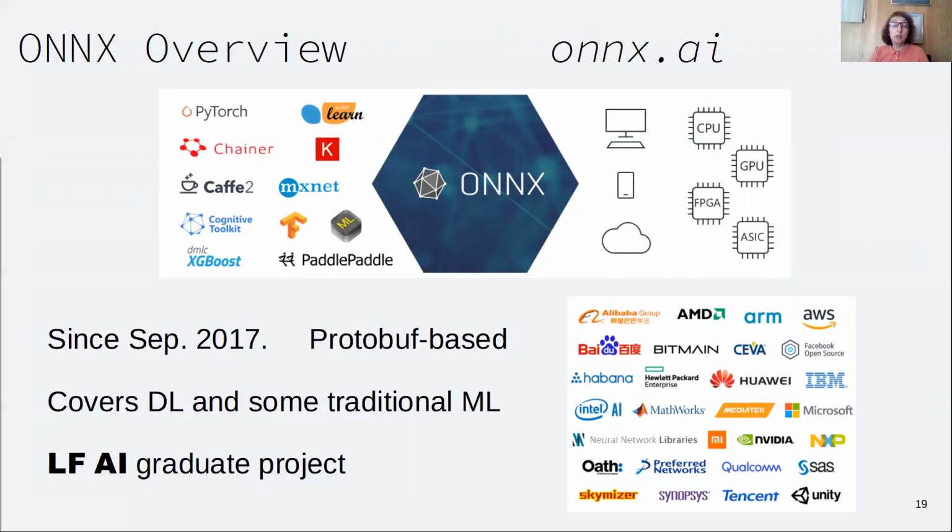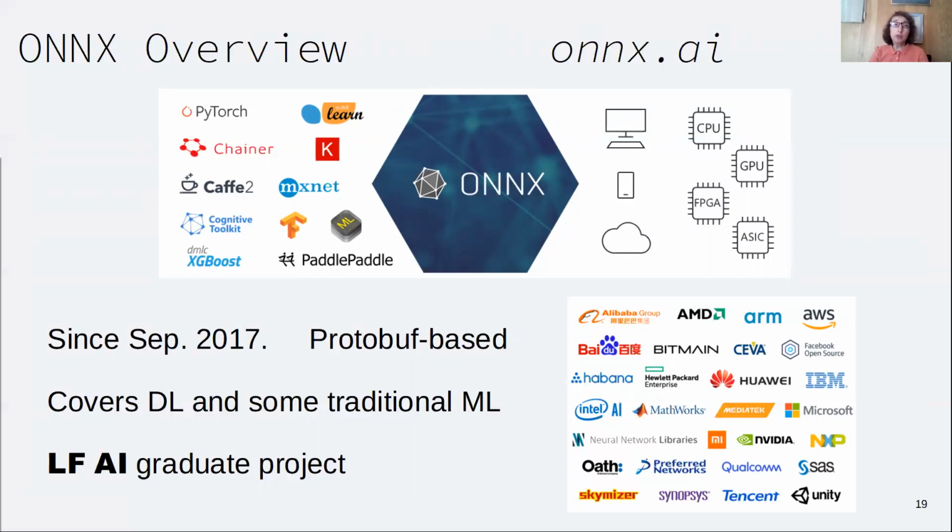And it has become very popular very quickly because there are so many different deep learning frameworks, and it was very difficult to create converters. If we wanted to create converters from any one to any other one, we would need n squared of them. And of course, with a single intermediate representation, it's much easier.